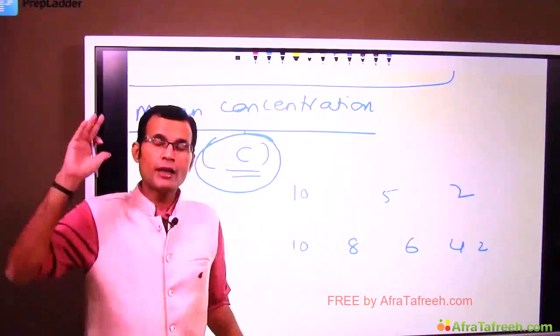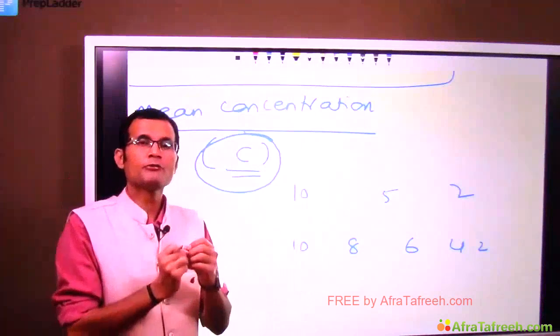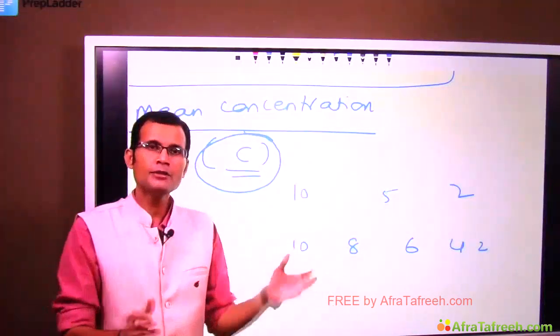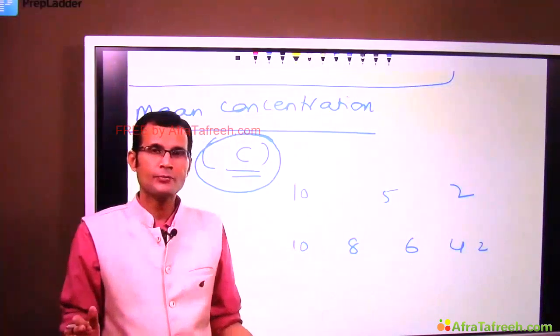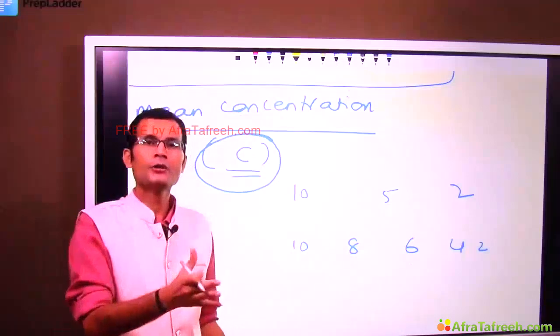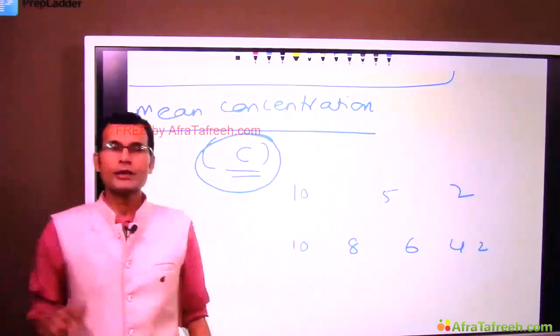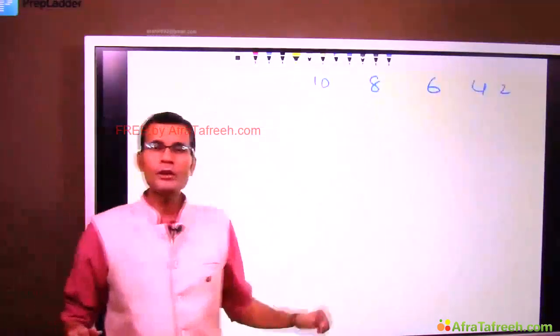If the stroke volume was 100 ml, dilution of that dye was much faster. So dilution is greater means concentration and mean concentration will be lesser. Yeah, greater dilution means lesser concentration. So mean concentration will be less if the stroke volume is more. And now we take the formula.